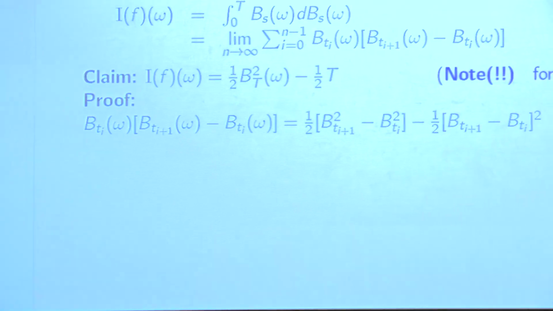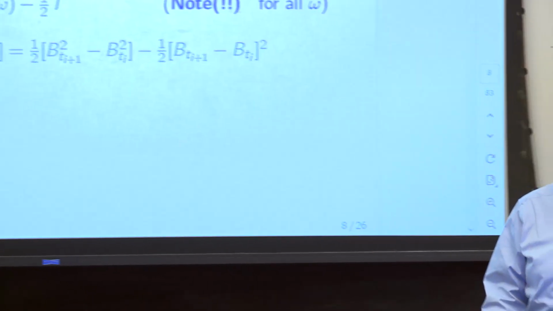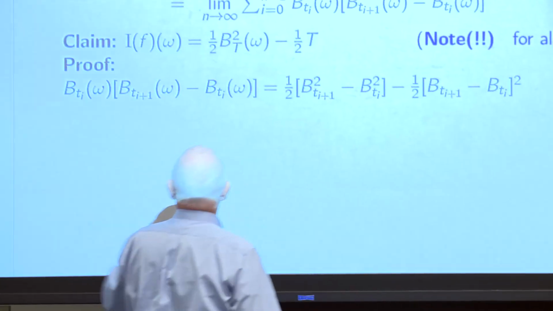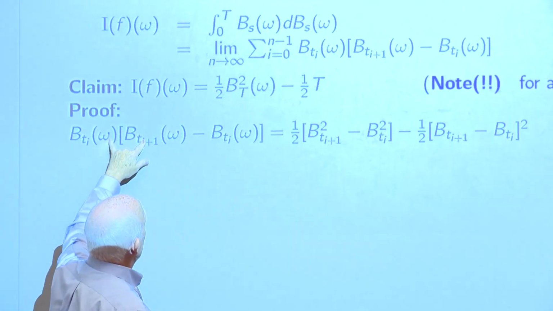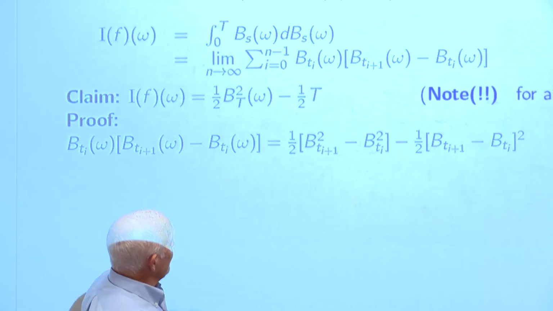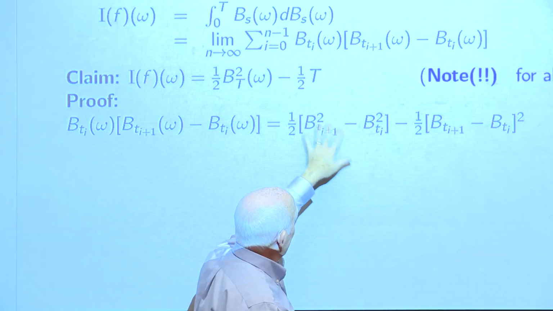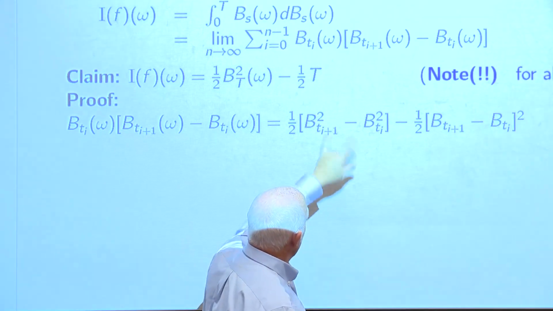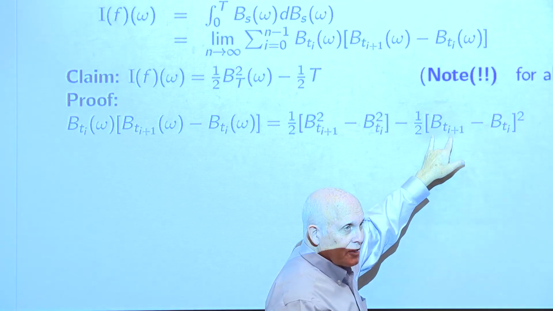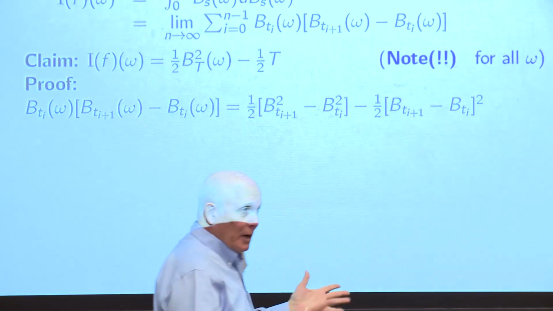To prove this, there's a nice mathematical trick. If we look at this term on the right-hand side here, which is an element of the sum, it turns out to be equal to a half the difference in the squared values at the endpoints of the interval minus a half times the difference between ti and ti plus 1 squared.